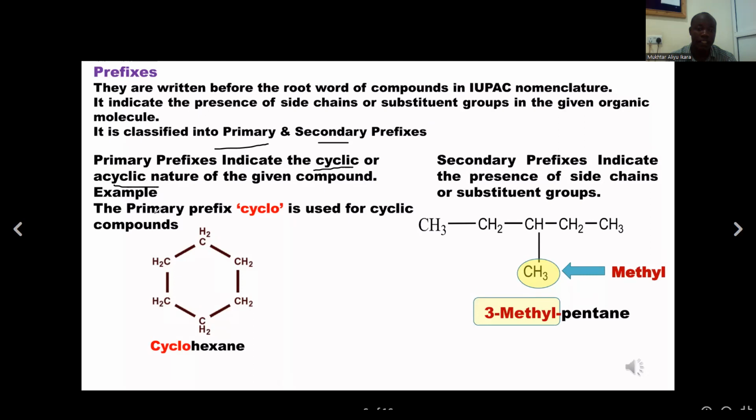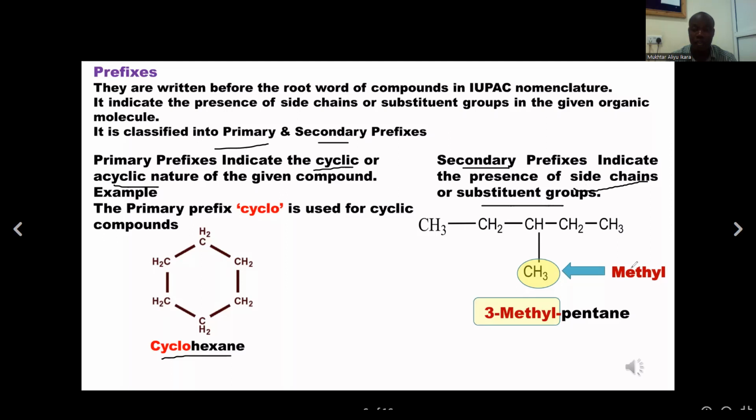Like for example of primary prefix here, we have cyclohexane. So the primary prefix here is cyclo, while in the case of the secondary prefix, it indicates the presence of side chains or substituent.